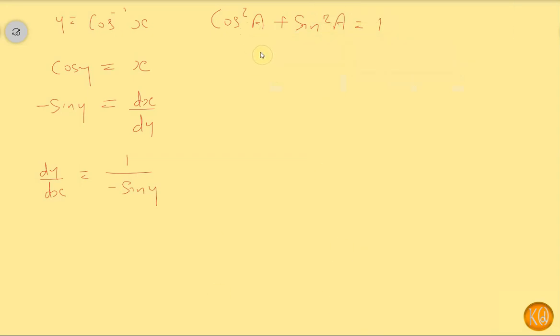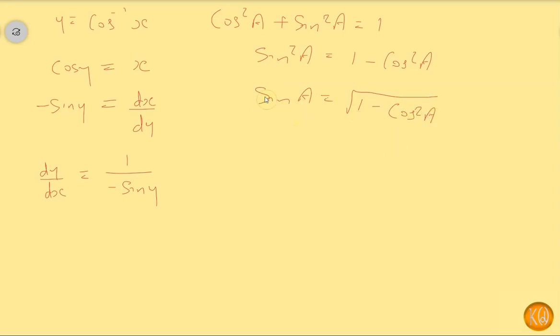Am I so off today? 1 minus cos squared a. Good. Now, instead that sine a is equal to the square root of 1 minus cos squared a.